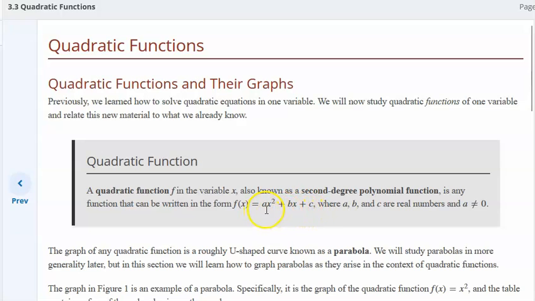The right side of the equation is the quadratic expression in standard form, where a, b, and c are real numbers, and a, the coefficient of the x squared, cannot equal 0. These are known as second-degree polynomial functions because our power of x here is x to the second.